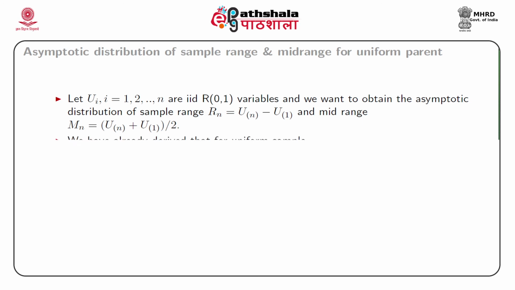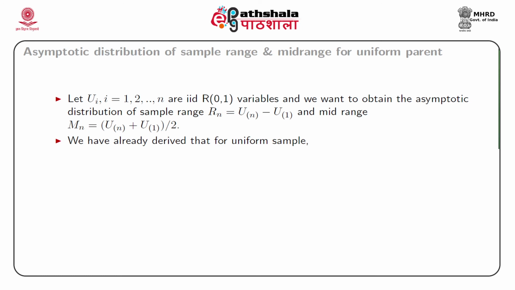We have already derived that for a uniform sample, the joint distribution of n times U(1) and n times (1 - U(n)) converges in distribution to the joint distribution of Y1 and Y2, where Yi are IID exponential with mean unity.